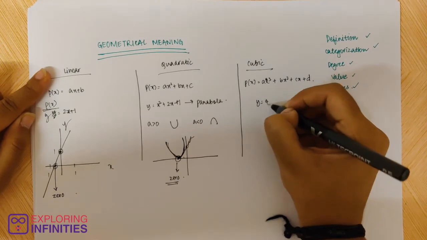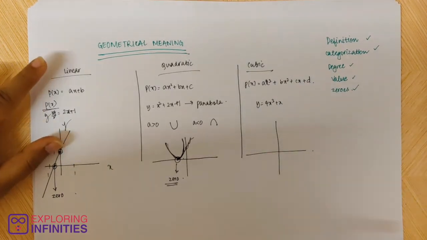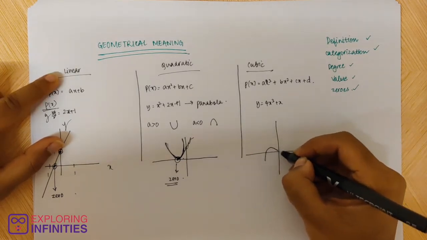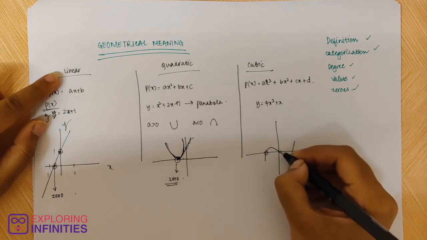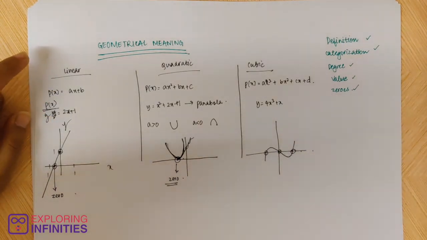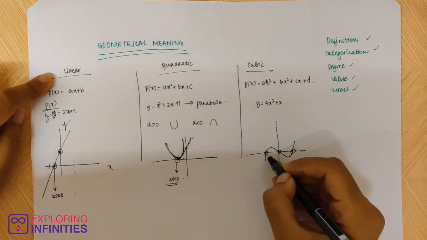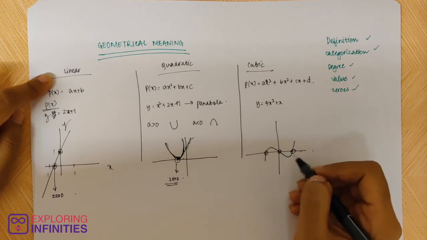Let's take another. y is equal to 4x cube plus x. When you see a graph, you don't need to know how to construct it, but it essentially comes like this. You'll learn in your later years how to construct this graph. It's not required now, if you decide to continue math, that is. So you can see that this intersects at 3 points. So it means that this equation has 3 zeros.